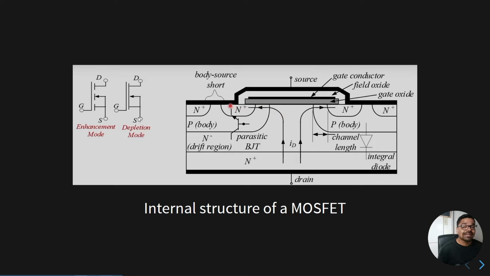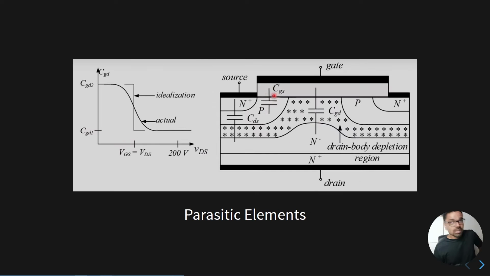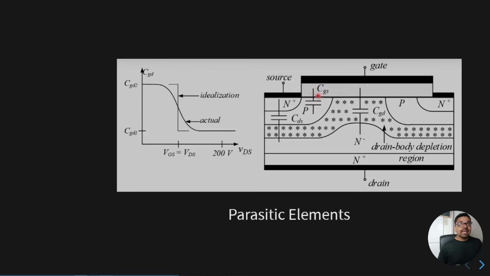One of them is that the MOSFET has capacitance across all three terminals: a capacitance between gate and drain, between gate and source, and between drain and source. That's what is described in this particular picture over here.